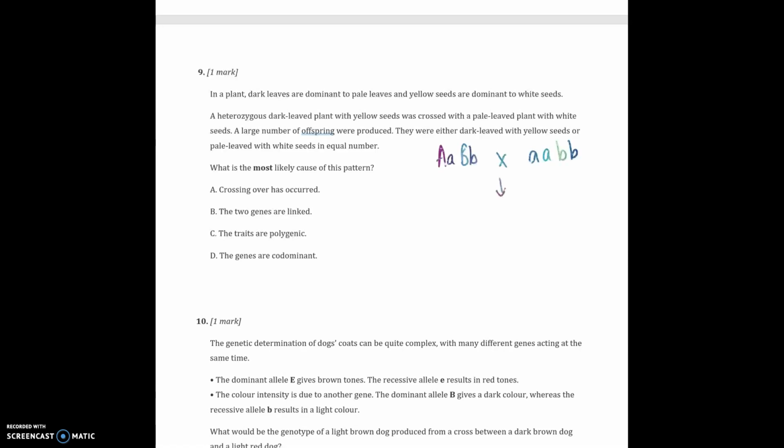So you would probably expect to have a 1 to 1 to 1 to 1 ratio, but you're not seeing that. What you're seeing is you're getting all of the double dominant phenotype and all of the double recessive phenotype, which tells you that the genes are therefore linked because you're not seeing the recombinant phenotypes.